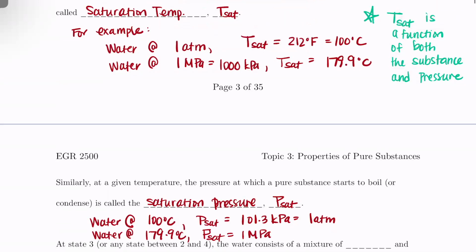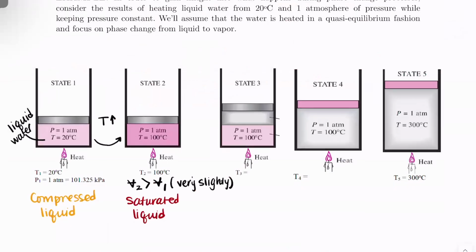Okay, let's go back to our little example where we're heating. So we're gonna keep heating this fluid, this water. And you'll notice that from state 2 to state 3, our temperature is staying the same.